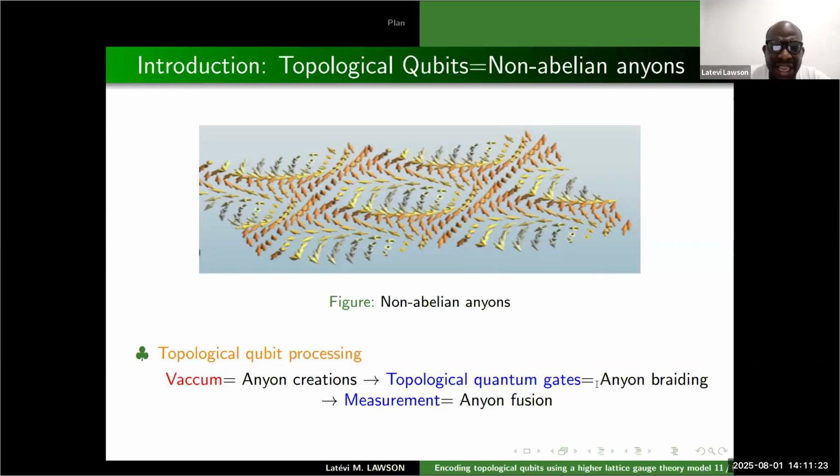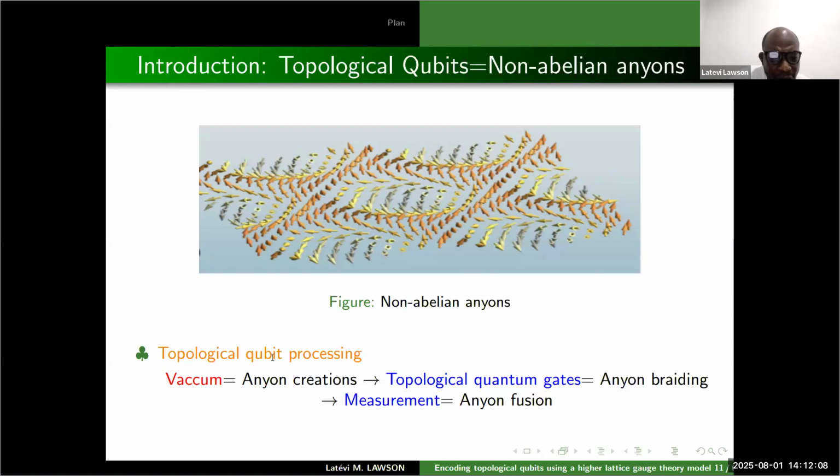We can have a particular type of exotic particle that we call anyons. The anyons have topological order, or topological properties, that are going to be used for encoding the information. We are going to focus on the non-abelian anyons, because the difference between the different approaches is the use of different types of particles. For the topological approach, we are going to use non-abelian anyons.